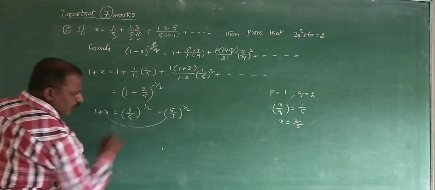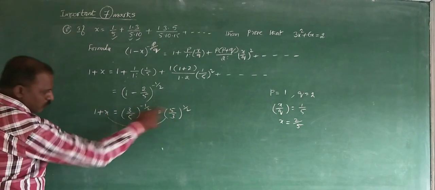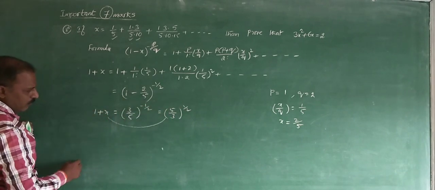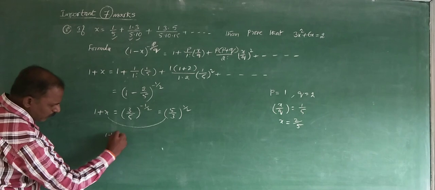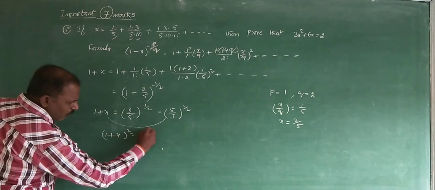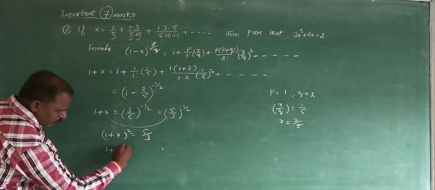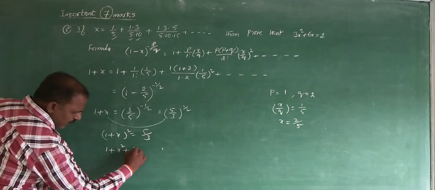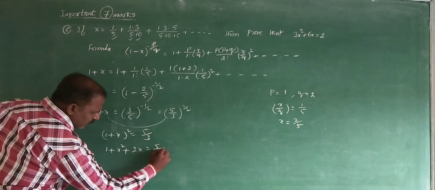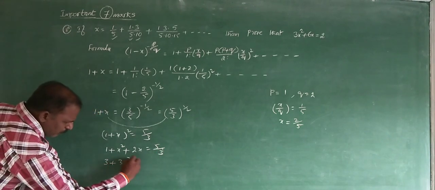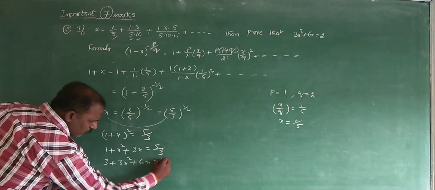Now, squaring on both sides, you get 1 plus x whole square is equal to 5 by 3. So there is 1 plus x square plus 2x is equal to 5 by 3. This becomes 3 plus 3x square plus 6x is equal to 5.